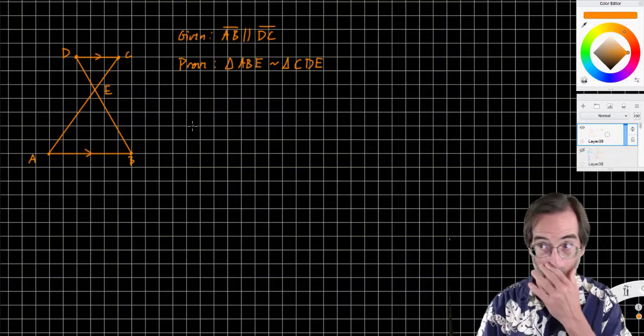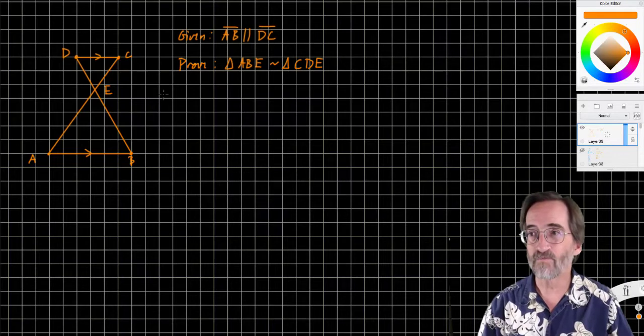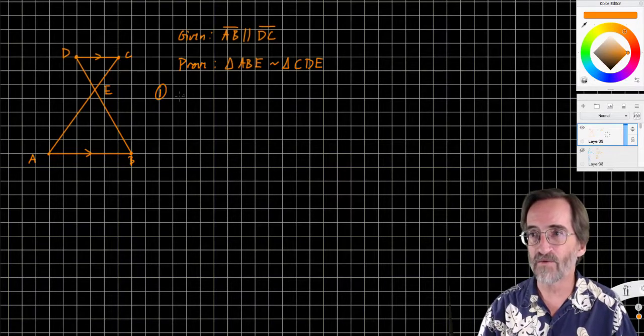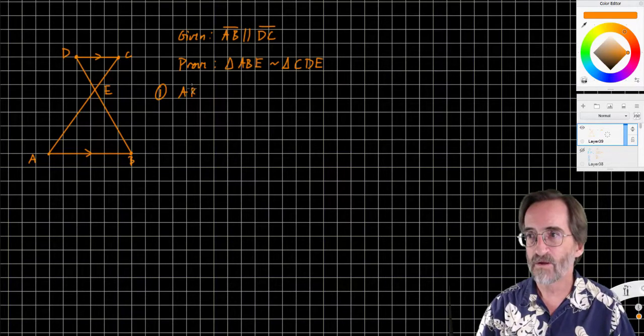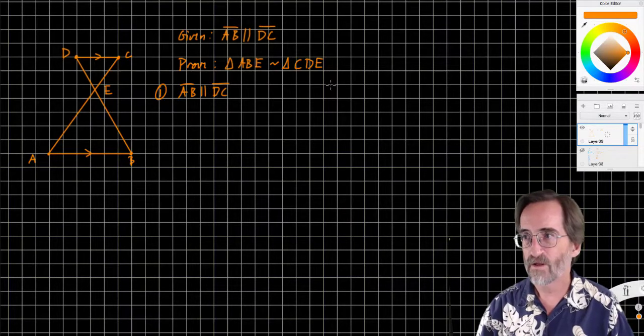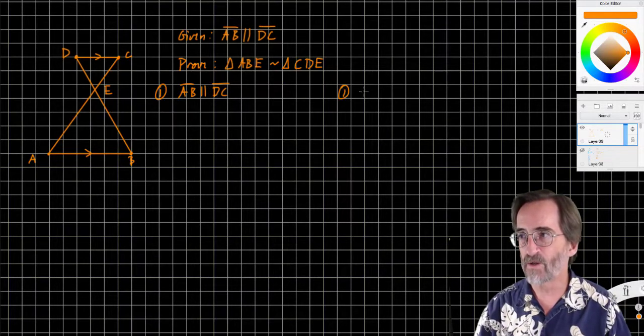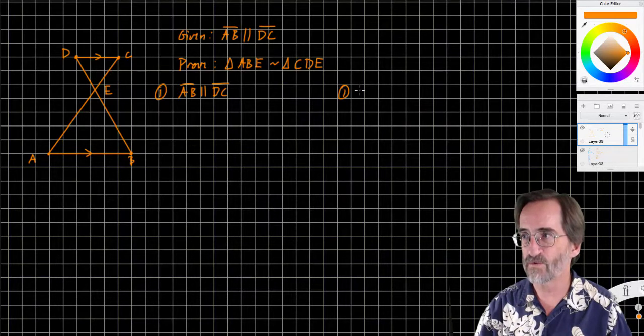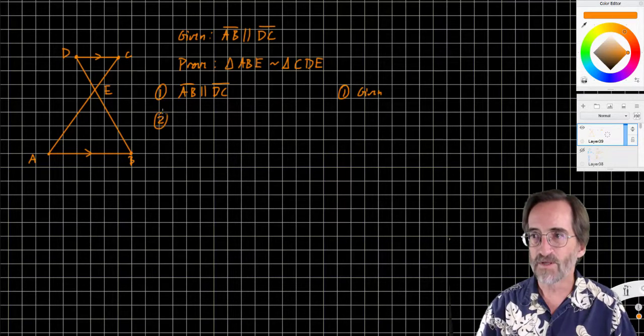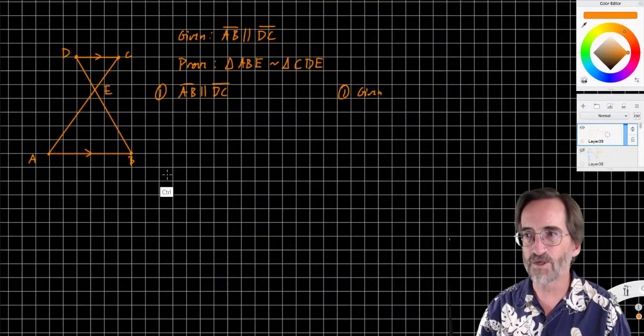Okay. So as with any good proof, we want to start with the given. So AB is parallel to DC. And the reason I know that they're parallel is we were told they were. So the reason is given. Okay. Statement 2. Well, I'm going to forego statement 2 for now, and I'm going to jump to the end.